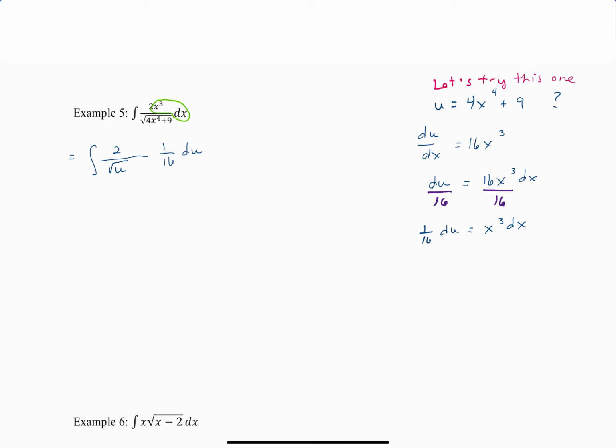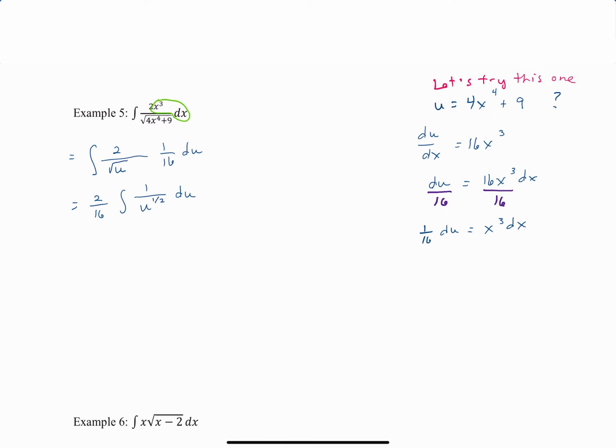I'm going to bring my constants out front, so I'll have 2/16, 1 over, now I'm going to need to have powers here instead of radicals to actually do the integration. So I'm going to change that square root of u to a 1/2 power.